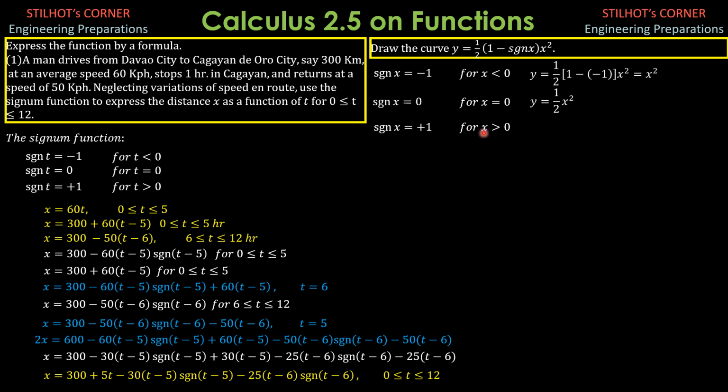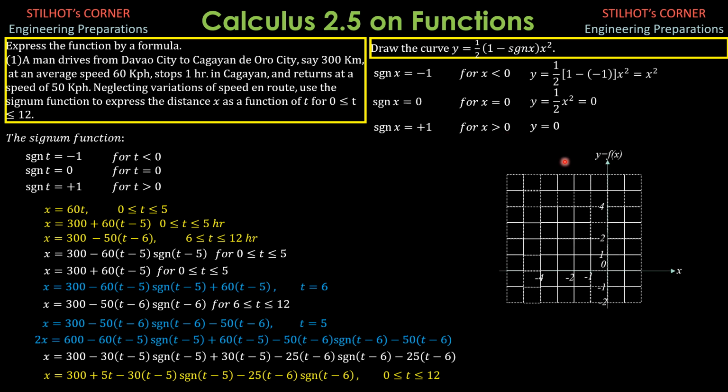So we now have 1/2 of x squared equals 0, because when x is exactly 0, this is 0, then 1/2 of 1 times x squared. But x is 0, so therefore it is still 0. Then finally, y is equal to 0 for the case where x is greater than 0.